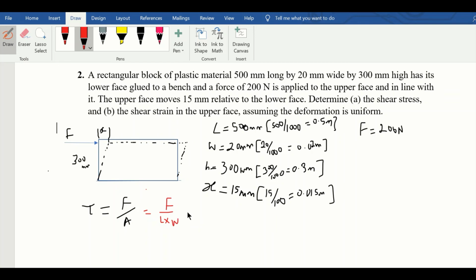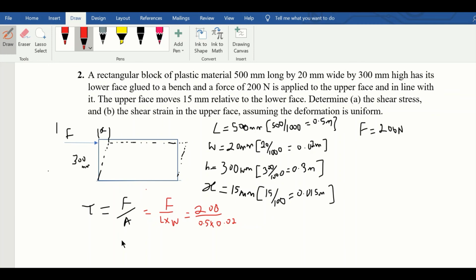So what next? We log in the values. My force is 200 over the length, which is 0.5, times the width, which is 0.02.